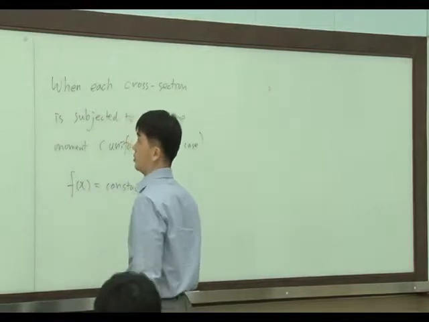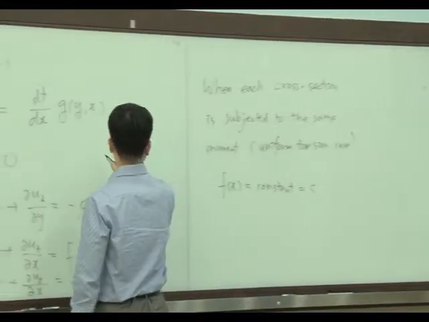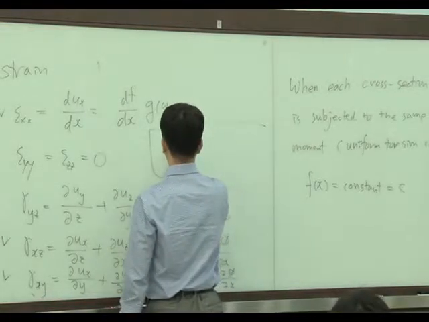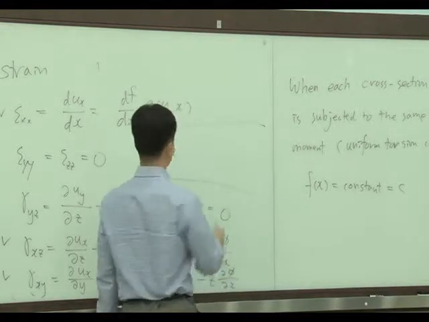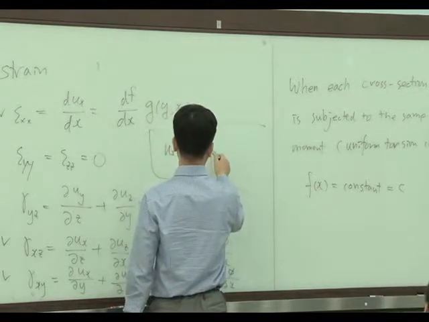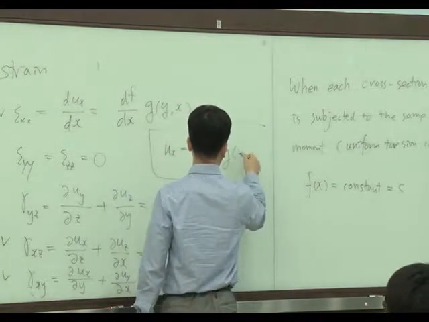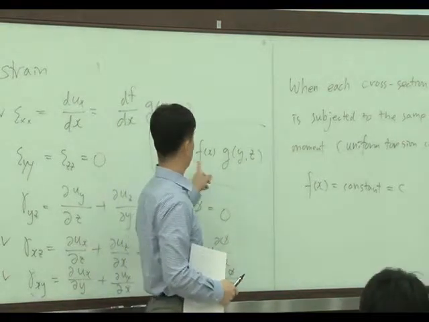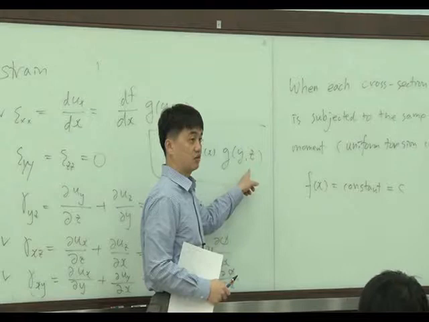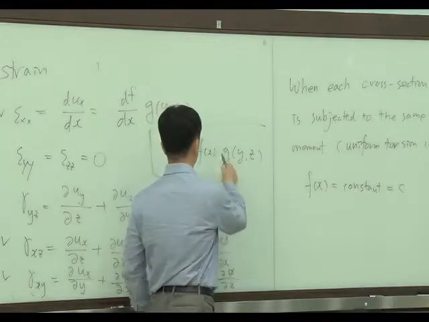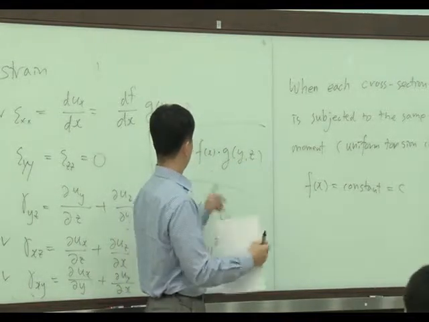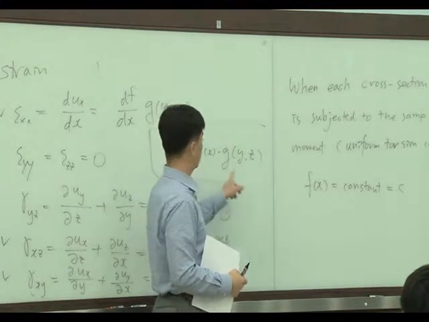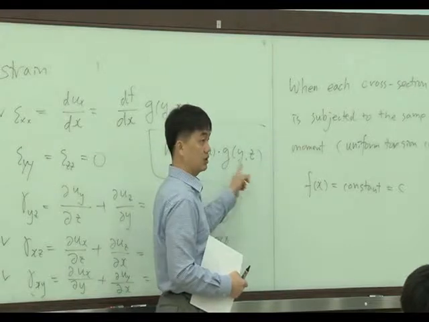Also, we assumed ux equals f(x) g(y,z). So the warping displacement is a function of x, y, and z, made by the multiplication of a function about x and a function about y and z.